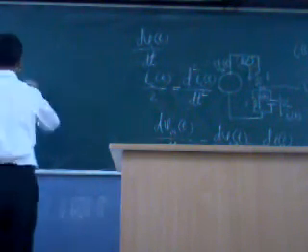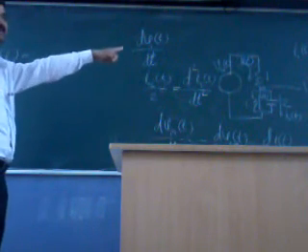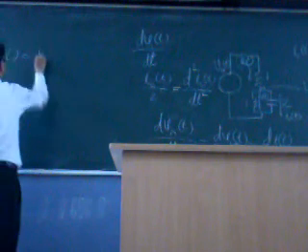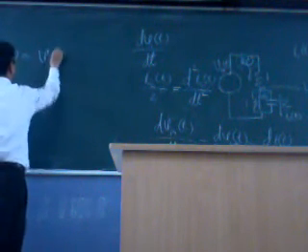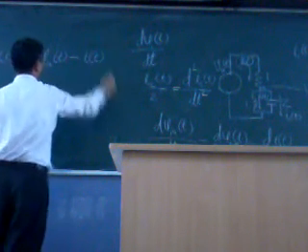So what is V1(t)? V1(t) is equal to V_in(t) minus V_R(t). But V_R(t) is I(t) only because R is 1. So V1(t) is equal to V_in(t) minus I(t).